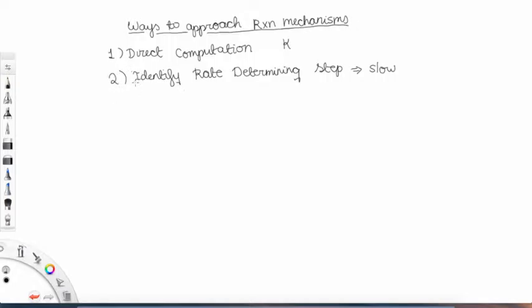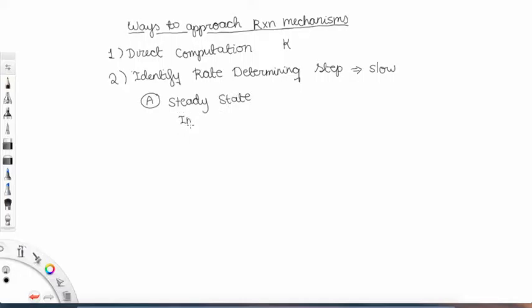But within this second way to approach mechanisms, there are two different ways in which we can do this. A is called steady state. What steady state means is that the concentration of intermediates in the rate limiting step is constant.